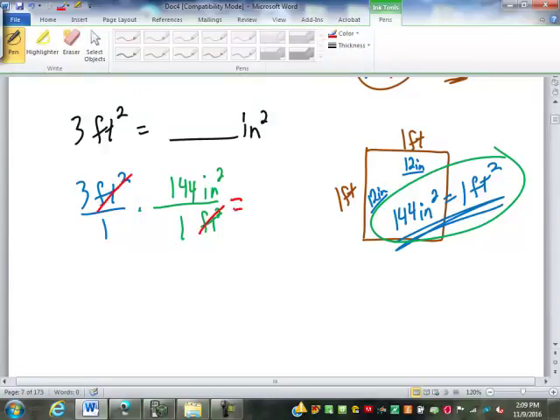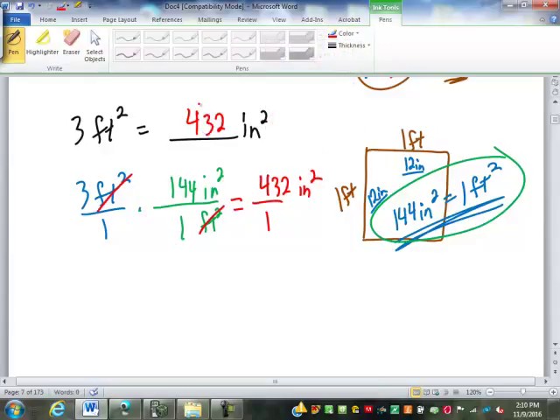So the square feet cancel out. It's all ones on bottom. 3 times 144 square inches is 432 square inches. Oops, I got a 2 in there instead of a 3. There we go.